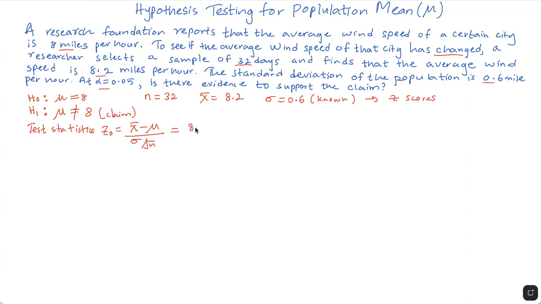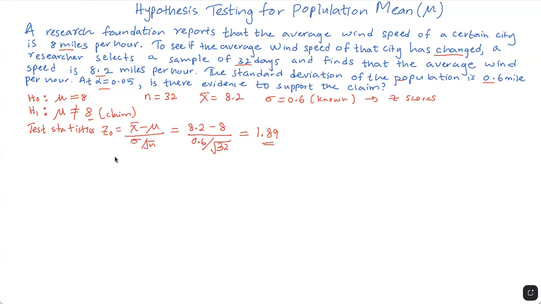X bar is 8.2 minus 8. 8 is the hypothesized value. And sigma is 0.6 divided by square root of 32. So this number equals 1.89. So this is our test statistic value.